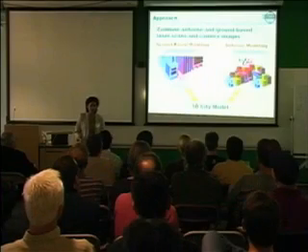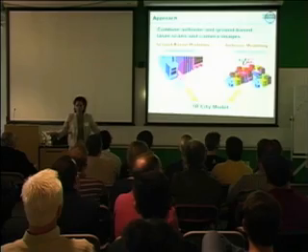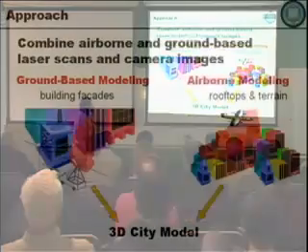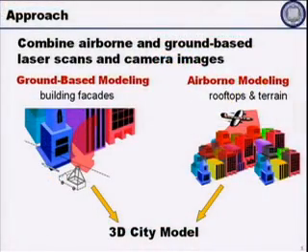So the approach that we've taken for full-blown modeling is really to come up with two models. A model that's been generated by an acquisition vehicle that drives on the ground like a truck, and that results in what we call ground-based modeling. And that really models the facades of the buildings.